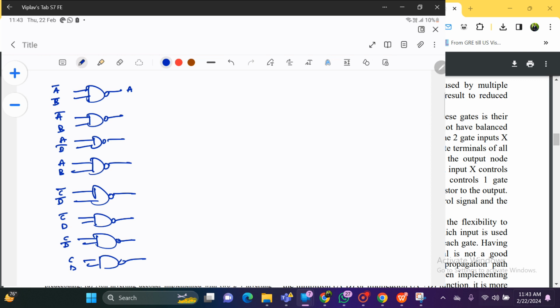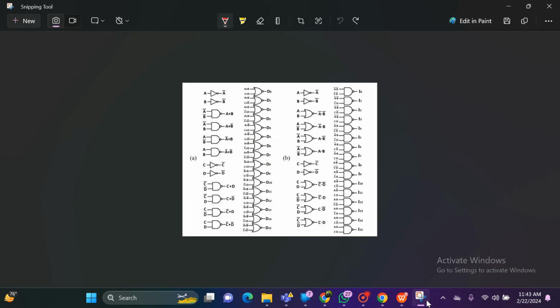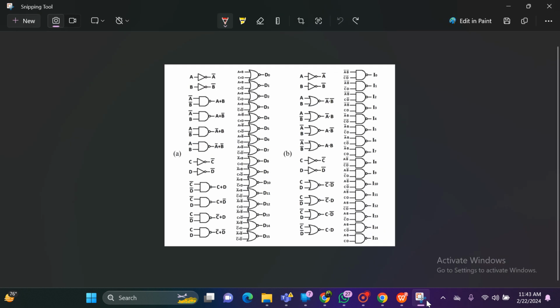A plus B is given here. Then next A bar plus B bar. See, directly we won't get A plus B. A NAND gate is something like this: A bar, B bar. If you give it as input, then it will be something like A bar dot B bar.